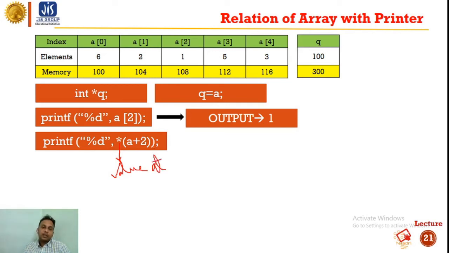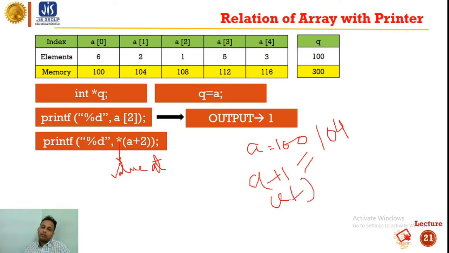A plus 2 means: a is 100, a plus 1 is 104, a plus 2 is 108. A is 100, that is the base address. A plus 1 does not mean 101. A plus 1 is the address of the next node. Next, a plus 2 means 108.